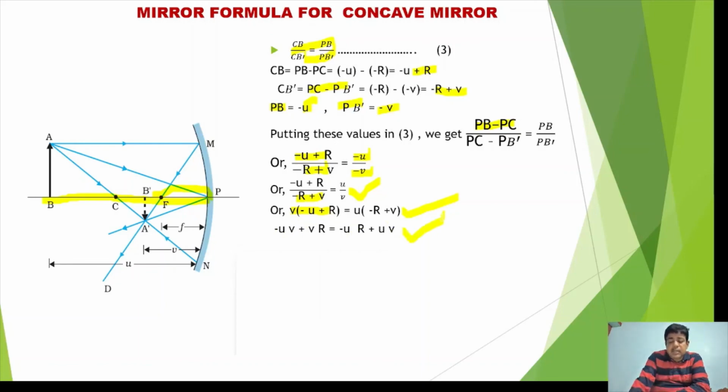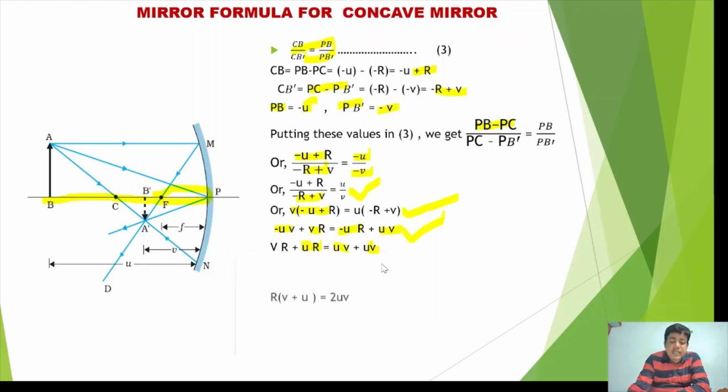And this is VR, and this minus UR is transposed to the left hand side. It will be plus UR, the sign will be changed. And this minus UV will be transferred to the right hand side, so it will be plus UV.